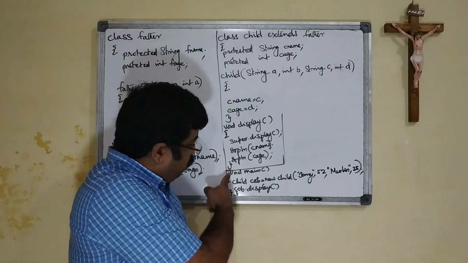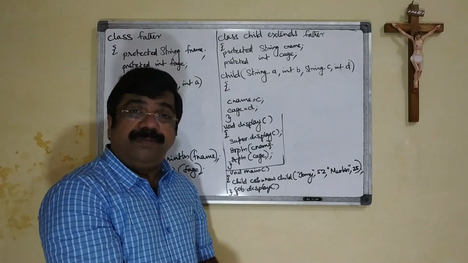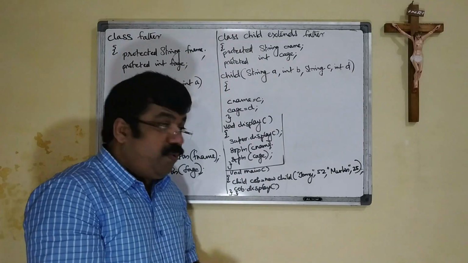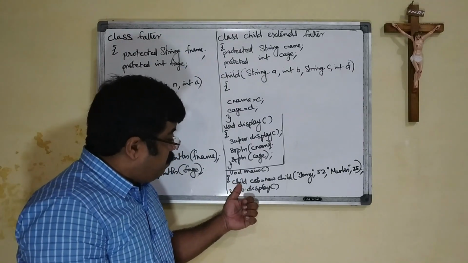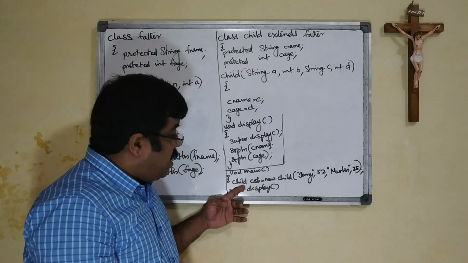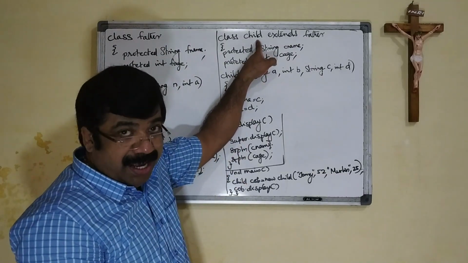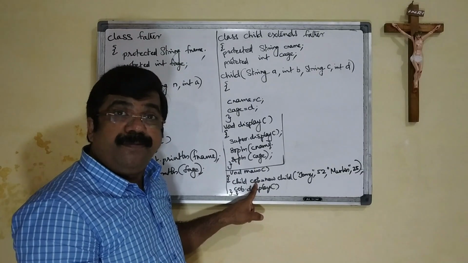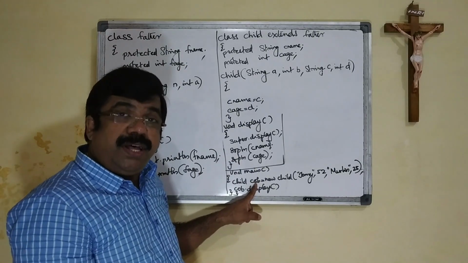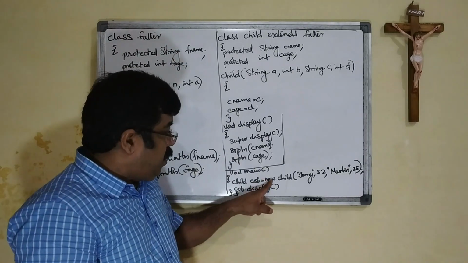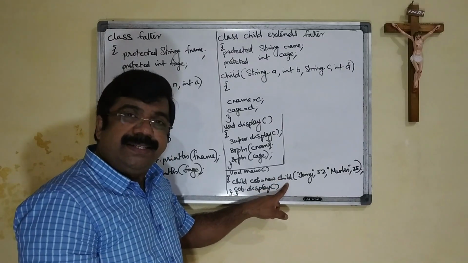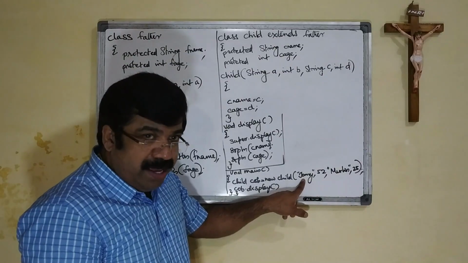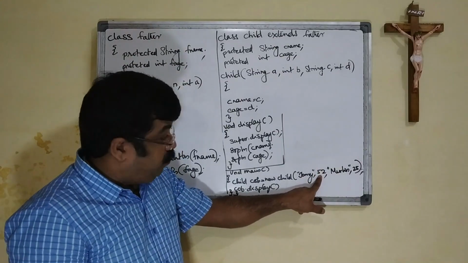Now let us proceed to our main function. In the derived class, we are writing the main function. First statement: Child class, creating the object for the child class, cob, that is the object name. New Child, calling the constructor. Johnny, 52.